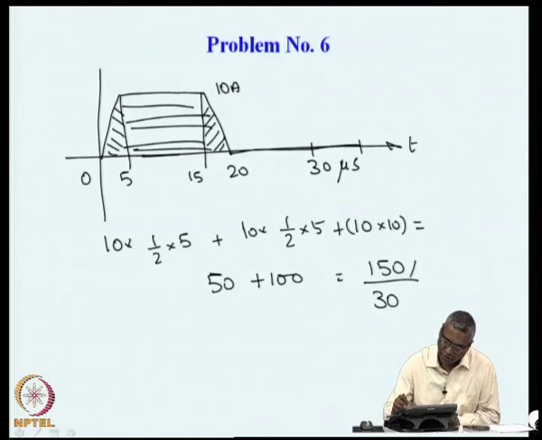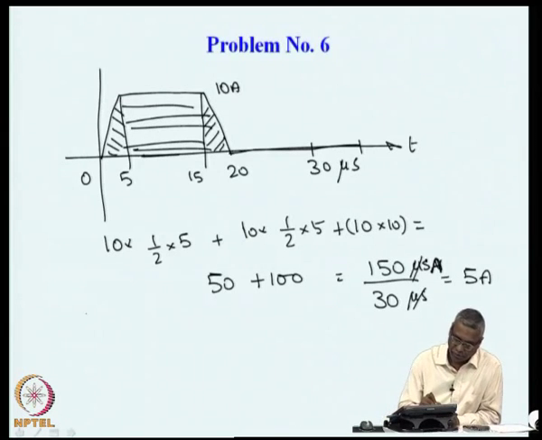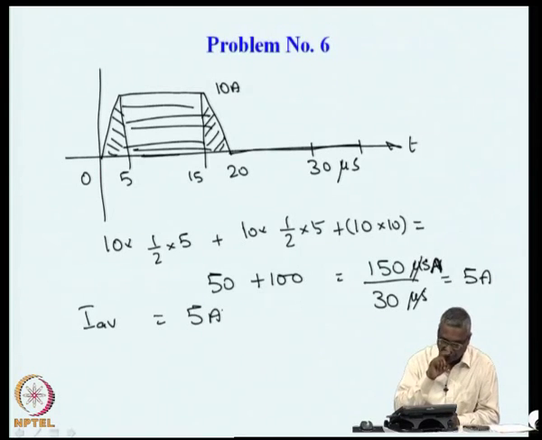So, this area is microsecond into ampere, and this is microsecond. So, what you get is 150 by 30, which is 5 amperes. So, we can say that for this waveform, I average is 5 amperes.